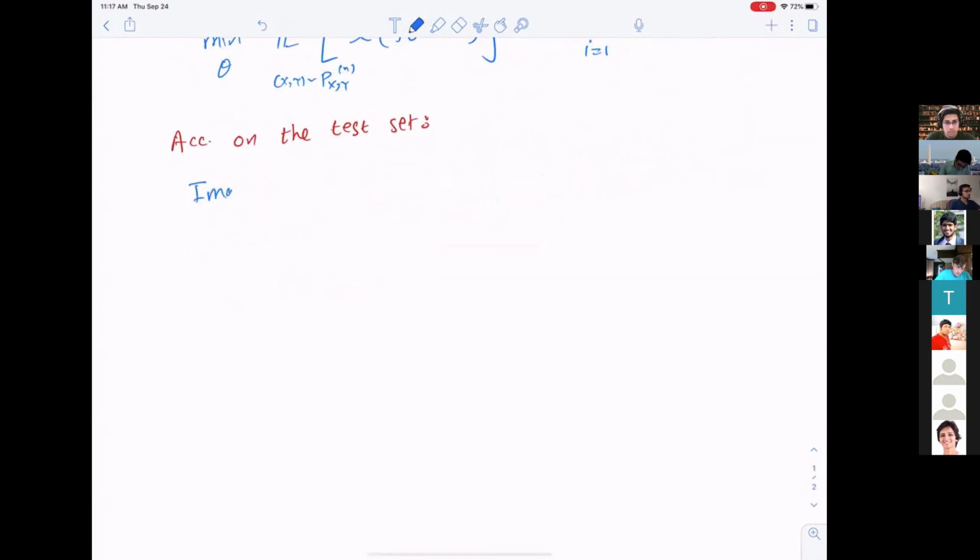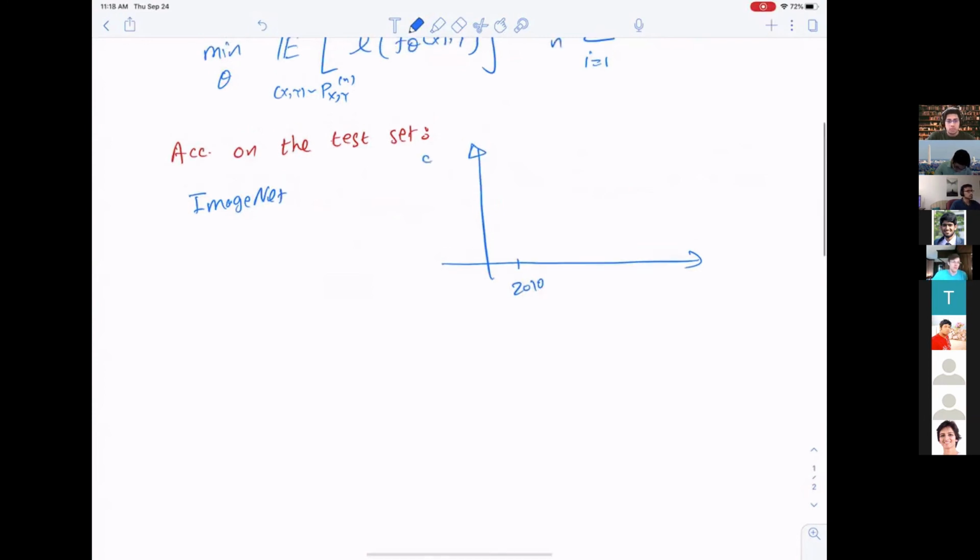For instance, on ImageNet, which has about 1,000 classes, there were quite a few successful models in the last couple of years. I can just give you a rough idea. Around 2010, the best performing model had a classification error rate of about 28%, around 30%, on the test set.